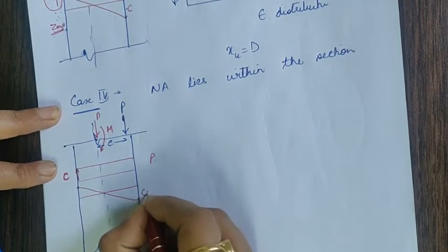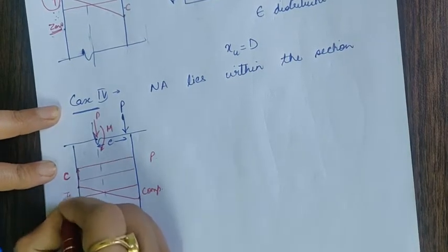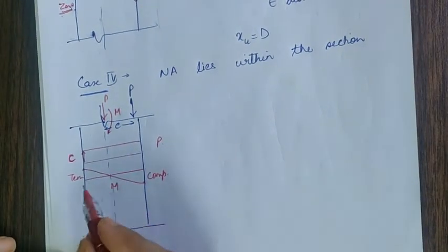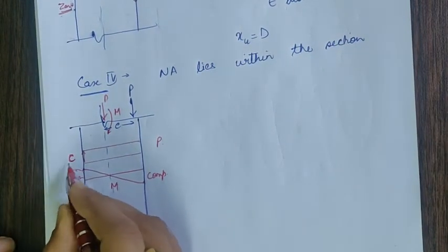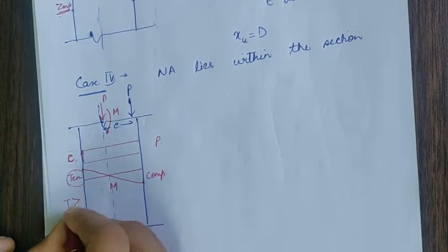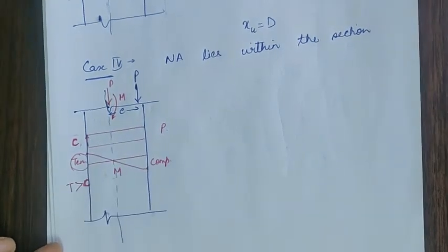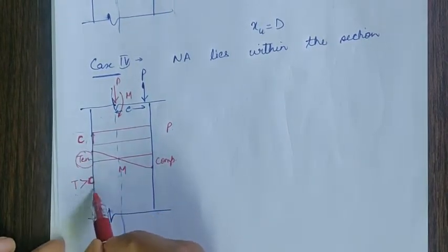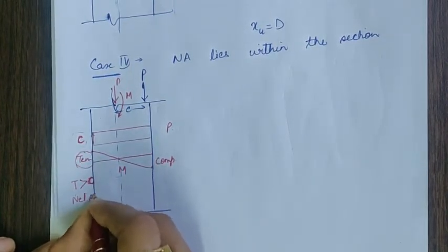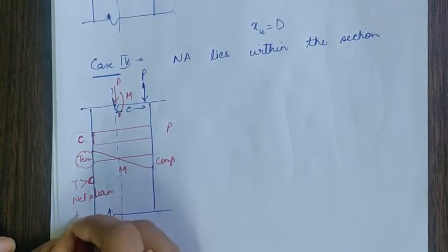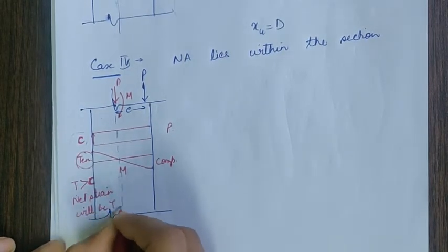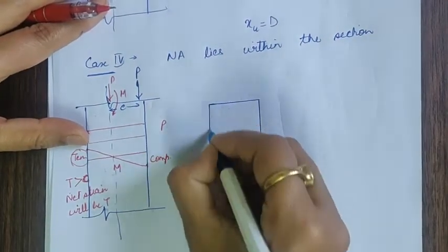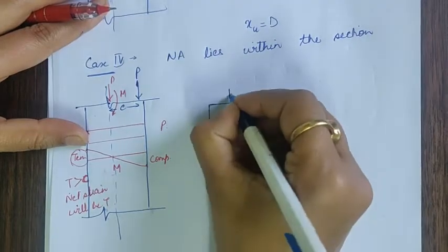So this is compressive on this side and tensile on this side, and it is due to M. Now the M value is so large that this tension value is greater than C. So T is greater than C, and the net strain on this particular side will be tensile. So in this case, if I am drawing the cross section, it is B by D.